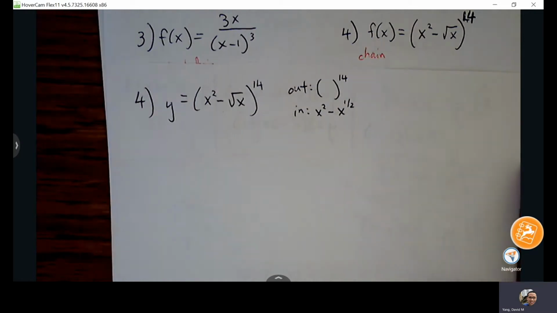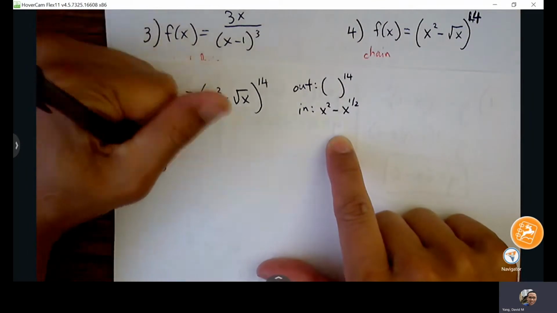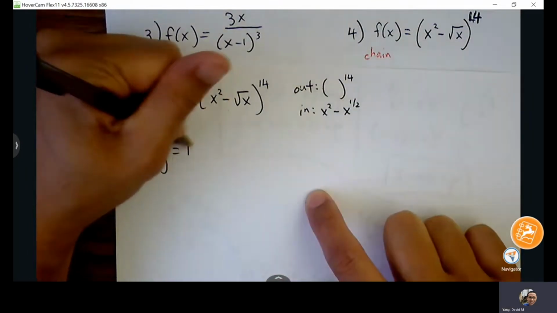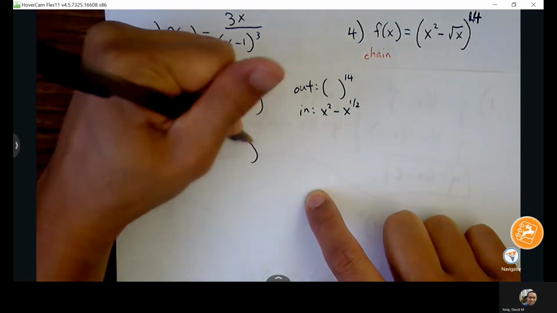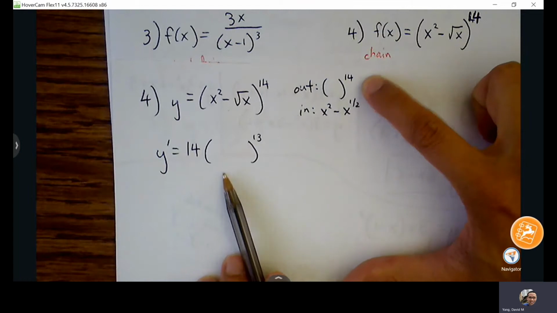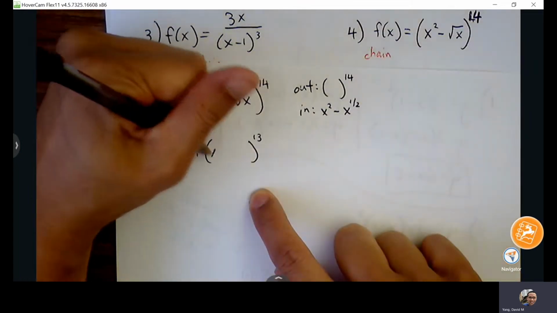All right, so chain rule says outside function's derivative followed by inside function's derivative. So let's take care of that parentheses first. Everybody good with that outside portion power rule there? Okay, inside stays intact.